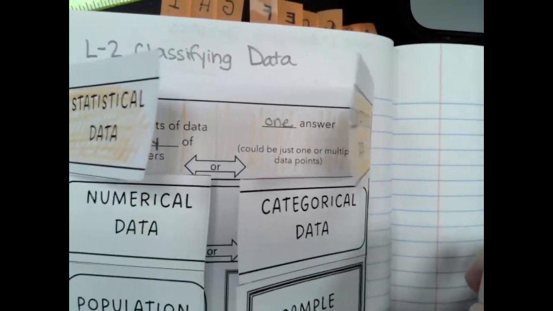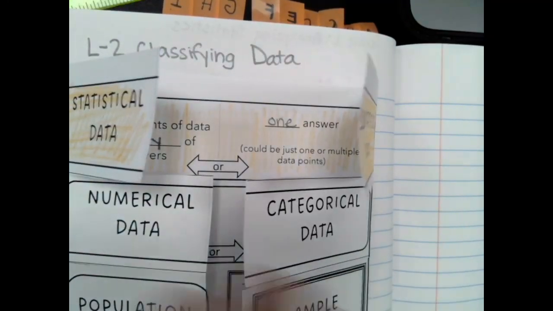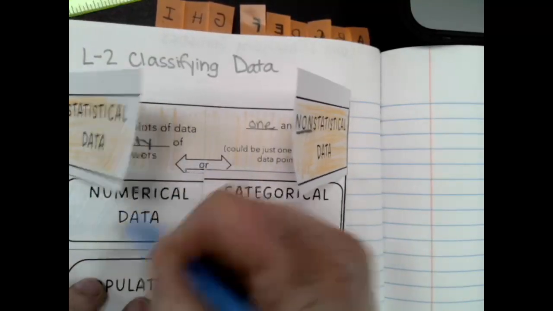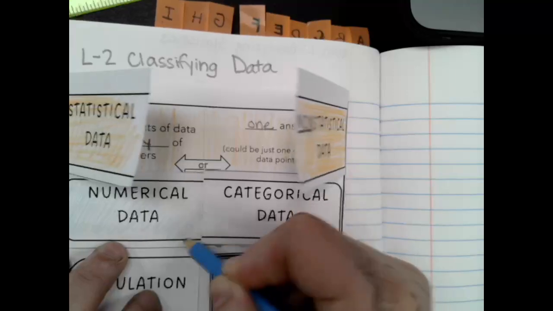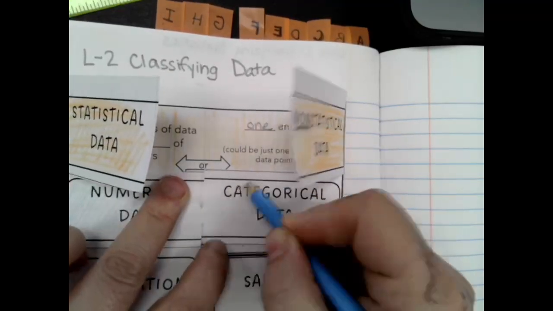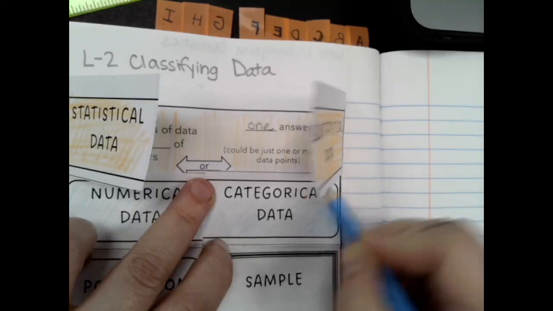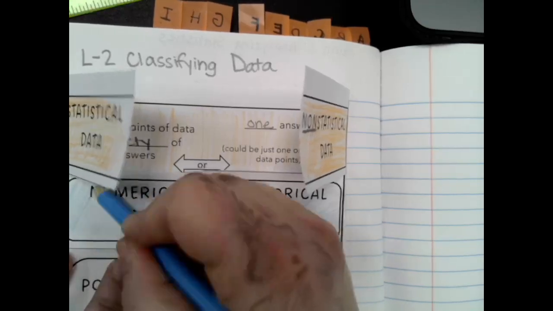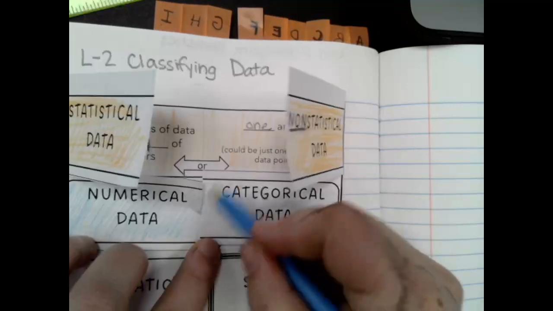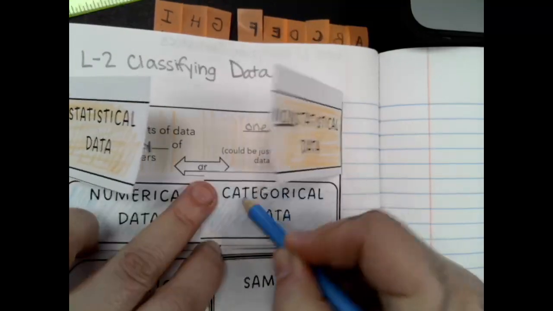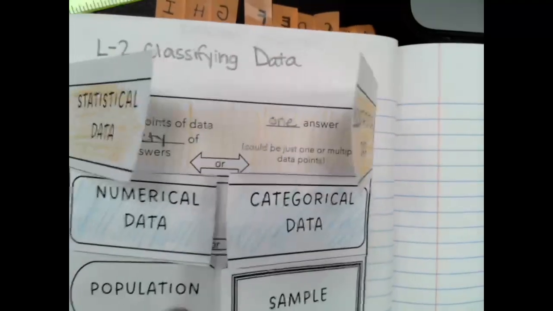Second row gets another color. So a different one for numerical and categorical, so pick a different color. Okay, and then you can color that on the inside as well.